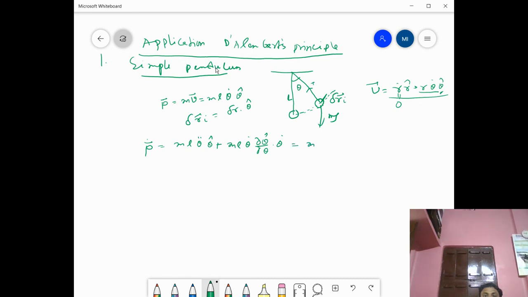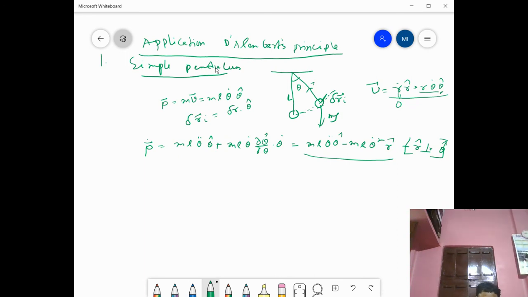So it will be mL theta double dot theta cap minus mL theta dot square r cap, where r cap is perpendicular to theta cap. Del theta cap by del theta is equal to minus r cap. You have learned it in your first year mechanics classes, when considering polar coordinates, right?